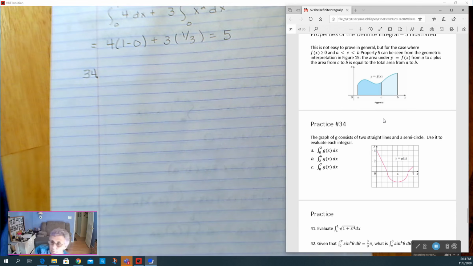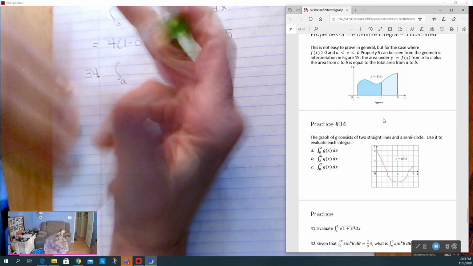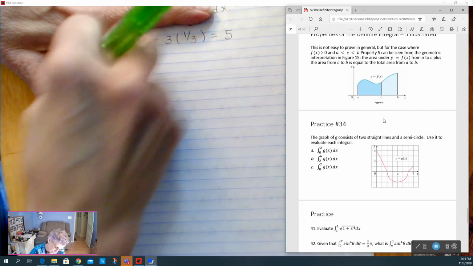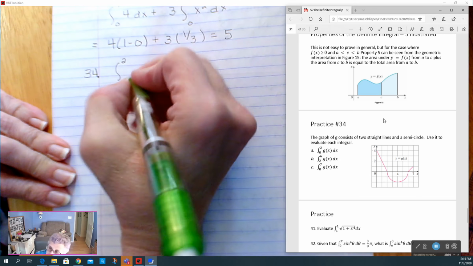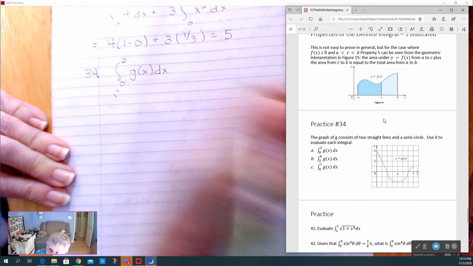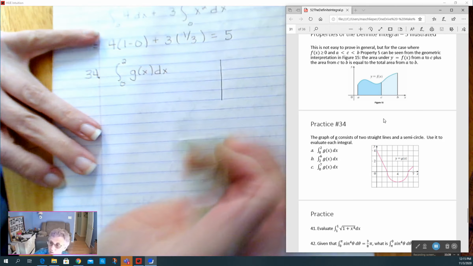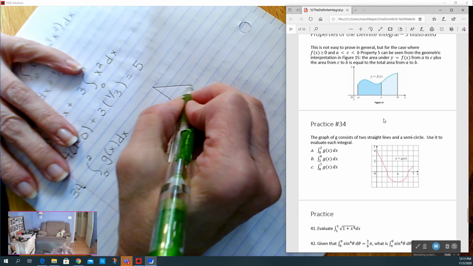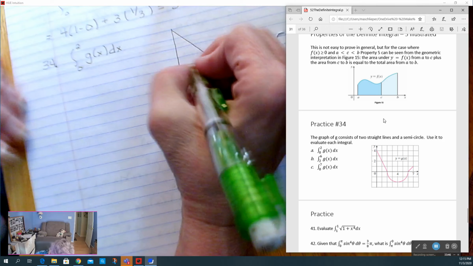Okay, so this graph consists of 2 straight lines and a semicircle. If we want the integral from 0 to 2 of this function, that's just the area of that triangle that has height 4 and base 2.